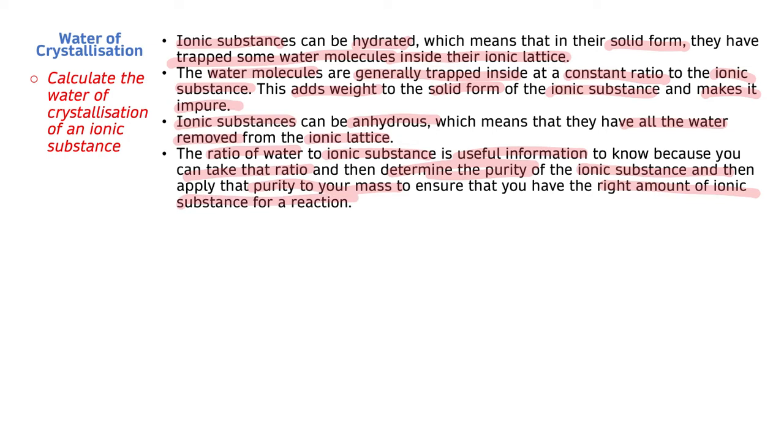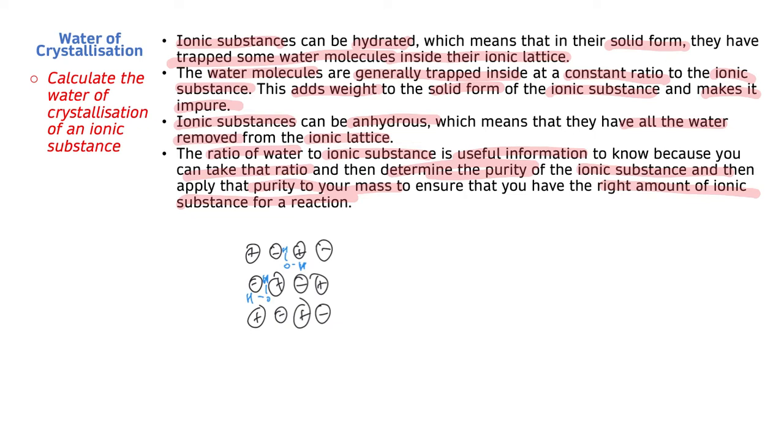Here we have an ionic compound, and what we're saying is that there are water molecules stuck in the middle of them, but they're stuck at a fixed rate generally.